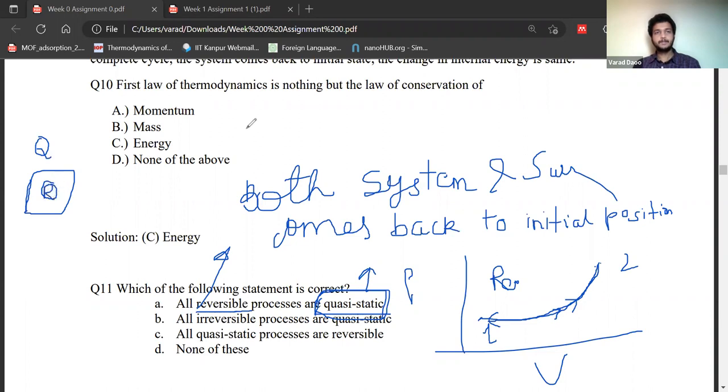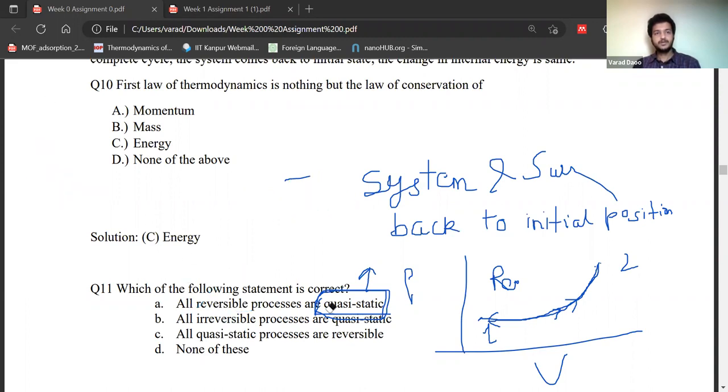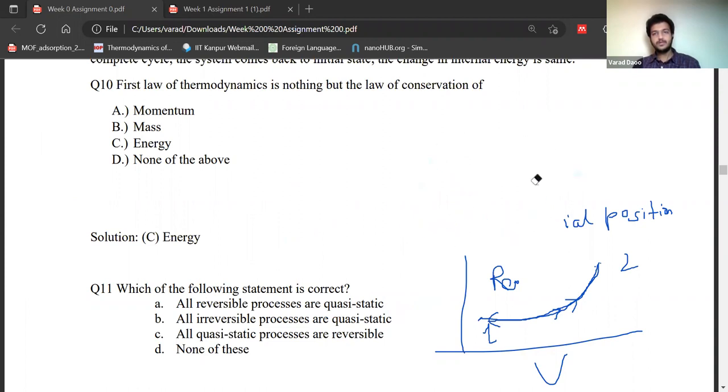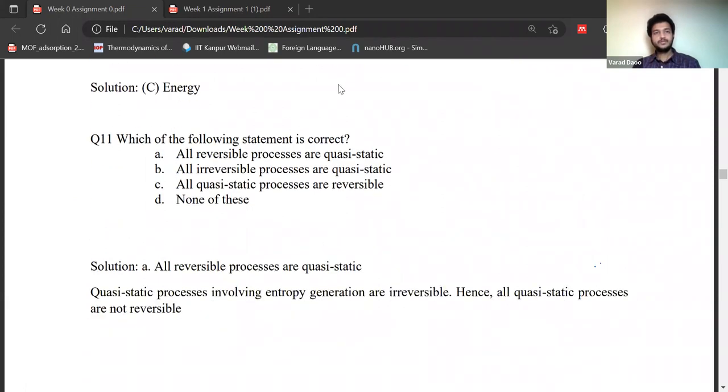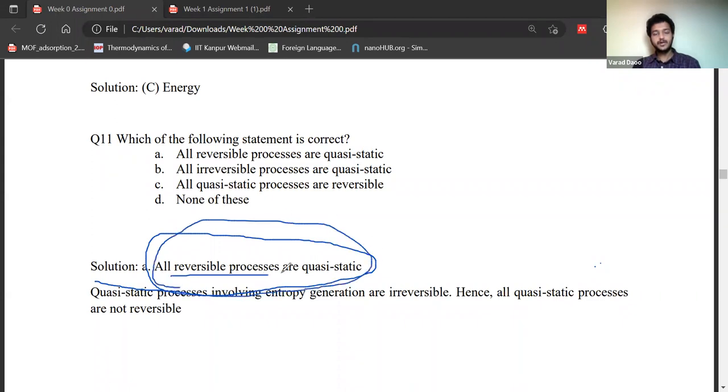So this is the correct answer, right? All reversible processes are quasi-static processes. That means the main criterion of a reversible process is that it should be an infinitesimally small process, and quasi-static processes are infinitesimally small processes, right?